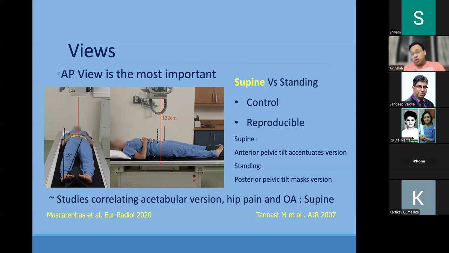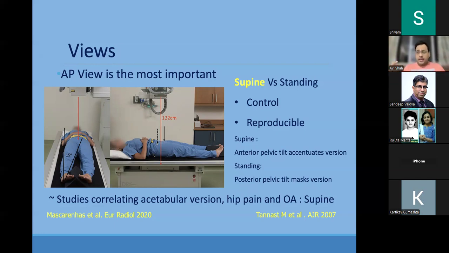In most situations, specifically in our kind of scenario, supine has more control and is more reproducible because you can teach it more easily to the technician. But you need to be careful. A lot of people have the tendency to tilt their pelvis anteriorly when they are standing, which can accentuate the version. So you have to be very careful when you're interpreting these x-rays.